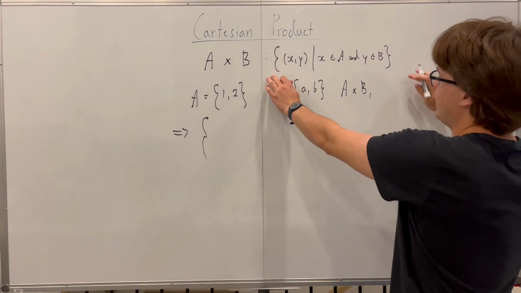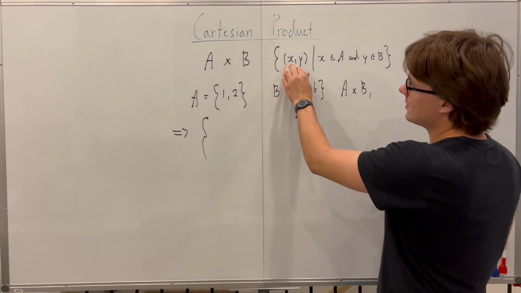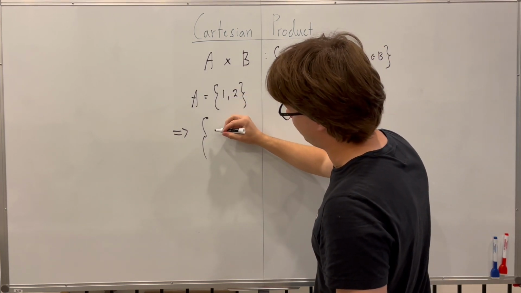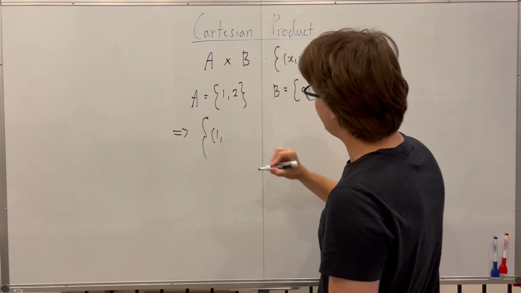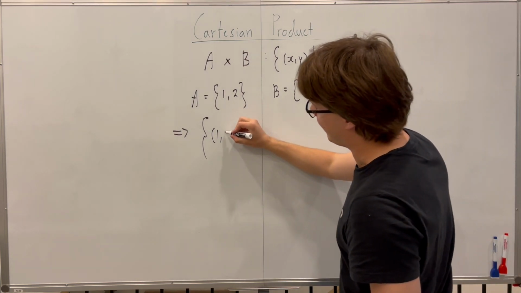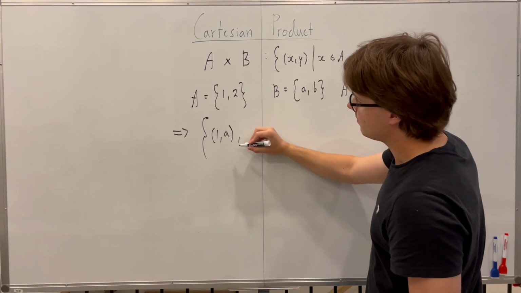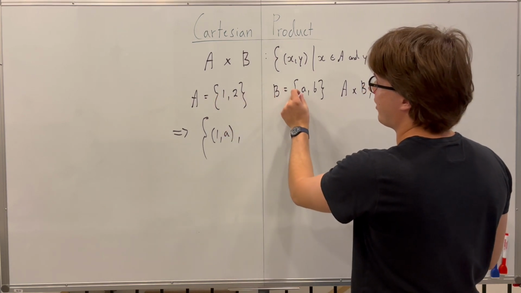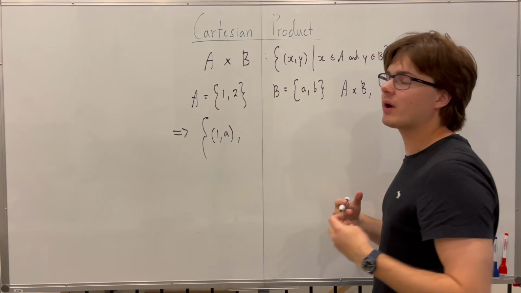It's a set, remember, that's what this definition means. It's a set of the ordered pairs. So take an element in A, let's take, for example, 1, and you pair it with an element in B, so let's take a. Then, because it's all of the ordered pairs, we have to pair 1 with everything, 2 with everything, and write all of those down.